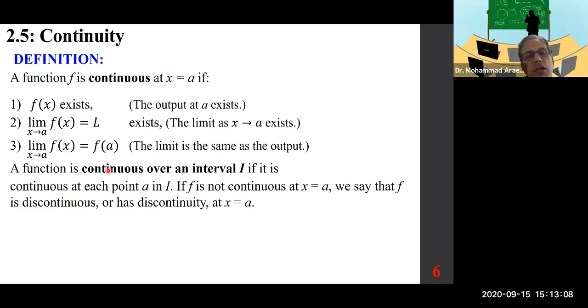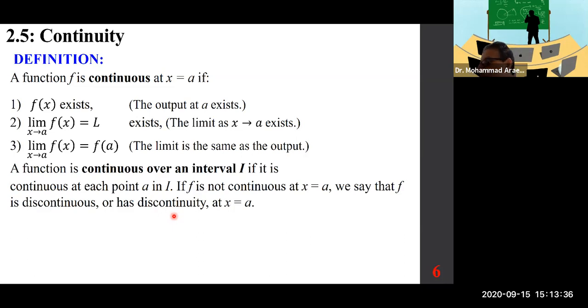The function is continuous over an interval if it's continuous at each point of that interval, okay? And of course, if it's not continuous at a specific point, we say it's discontinuous at x equals a. So this is the basic definition, okay?